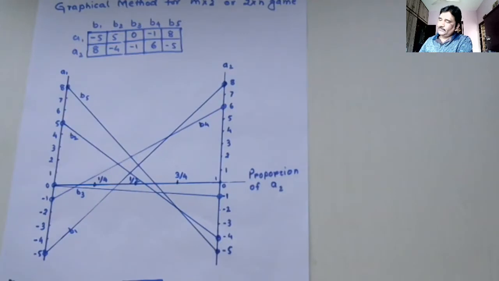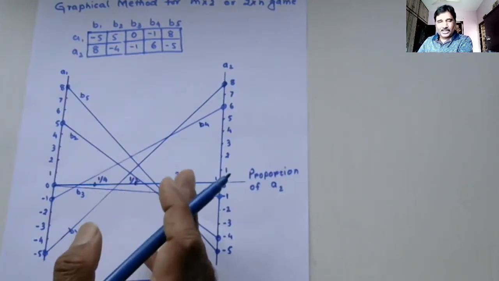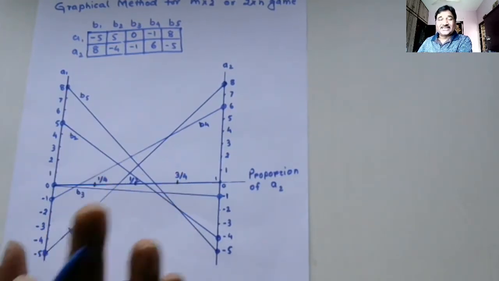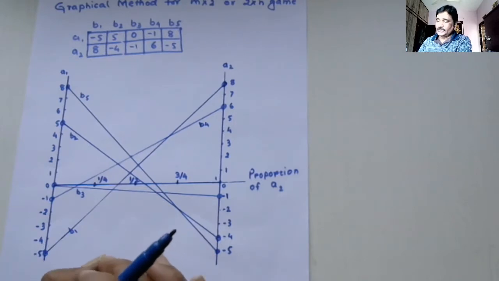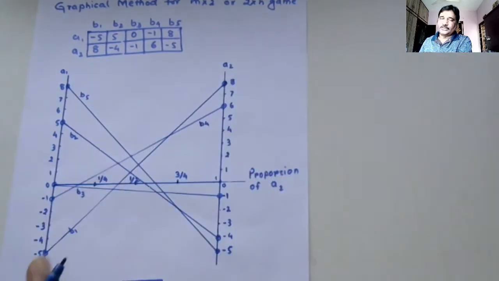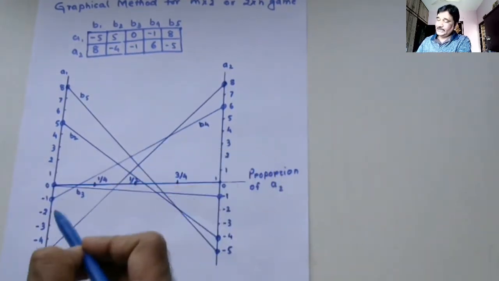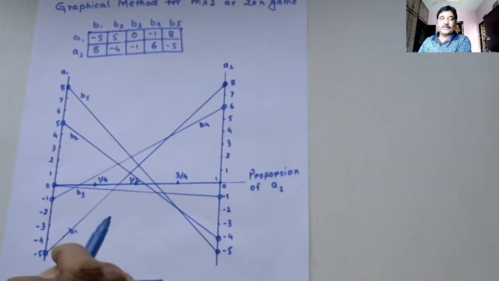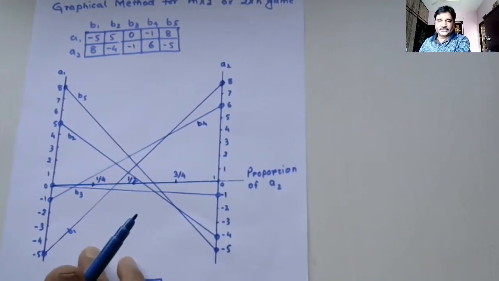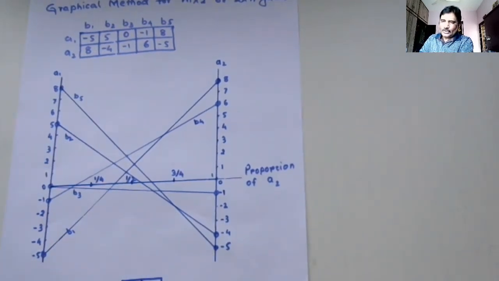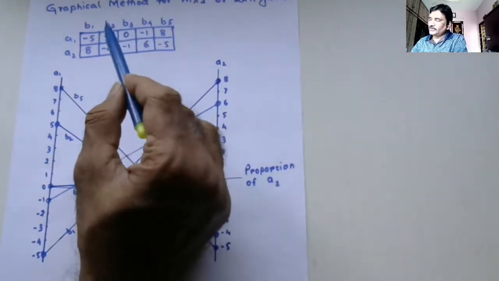The gain to player A or loss to player B will change linearly. There is no reason for this line to be non-linear. Now if this is understood, we can discuss another line.